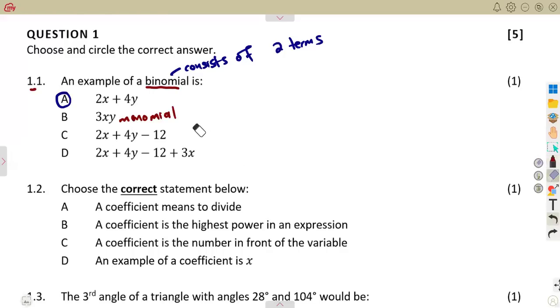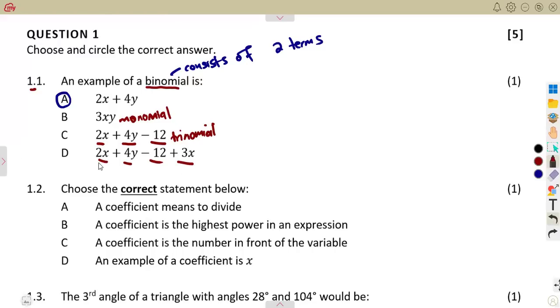Mono is for one. How many terms here? Let's see: 1, 2, 3. What is it that you're talking about there? That's a trinomial. D, how many terms? 1, 2, 3, 4 terms that we have.